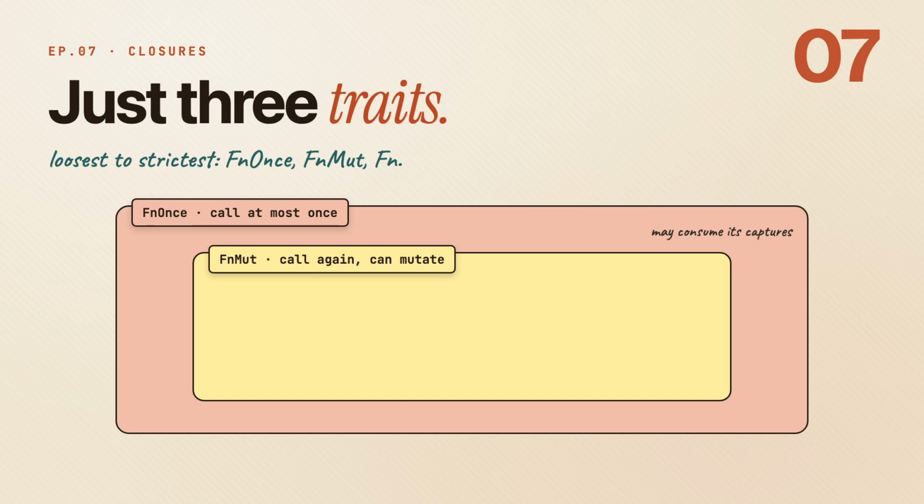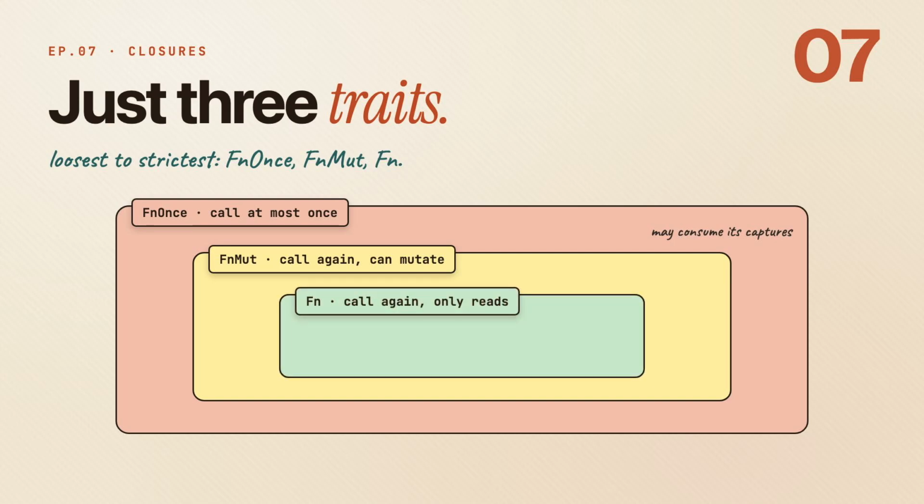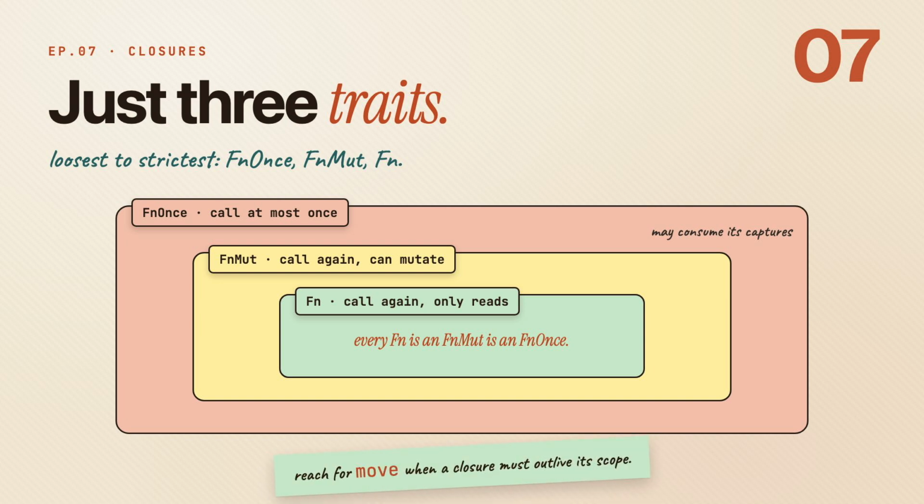But Fn is the strictest. It's callable again and again, and read only. So every Fn is also an FnMut and is also an FnOnce. When a function asks for an Fn, it is actually asking for the most restrictive kind, and you reach for move when the closure has to outlive the scope it was born in.